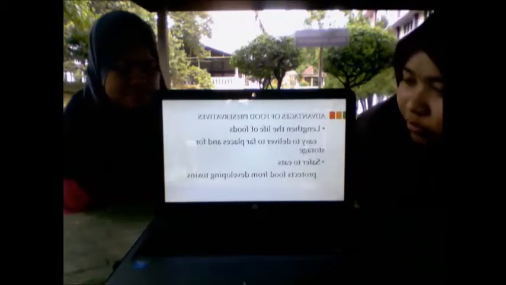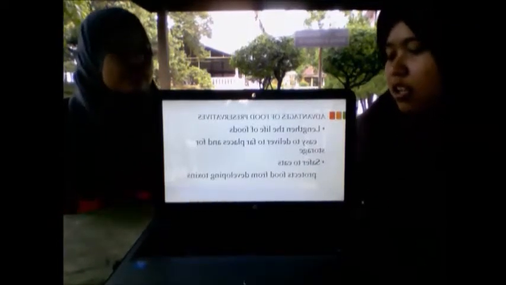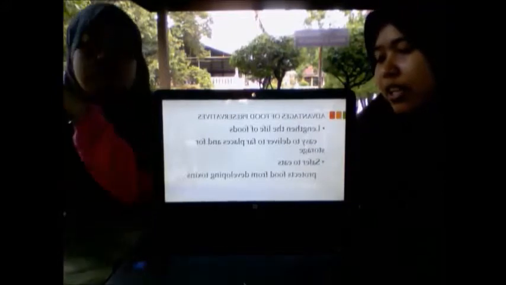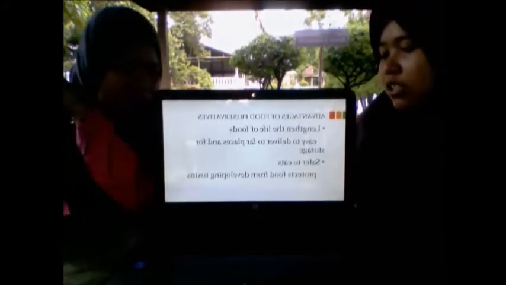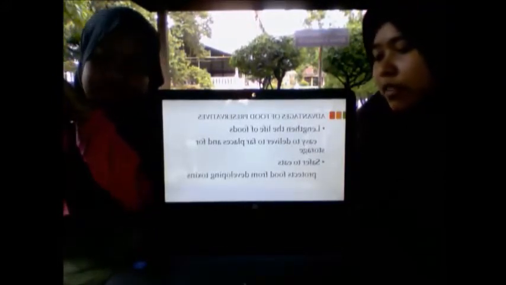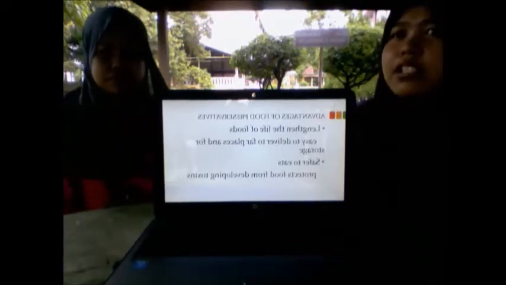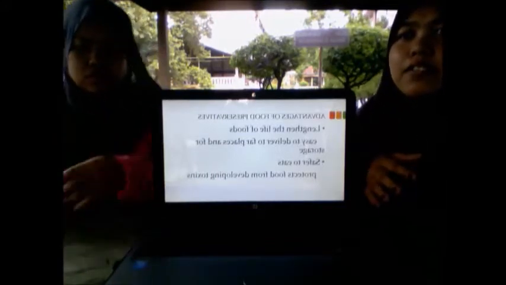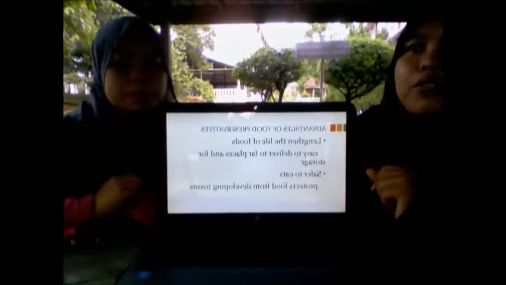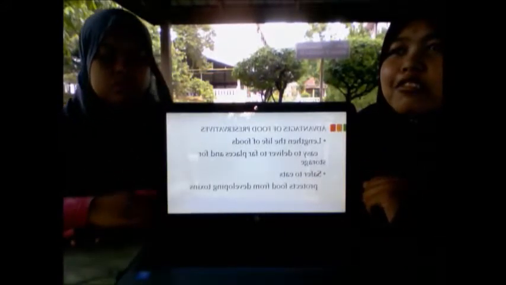Other than that, when we lengthen the life of the food with preservative, we can cut the cost and reduce the waste, because we can keep it longer and no longer waste it.